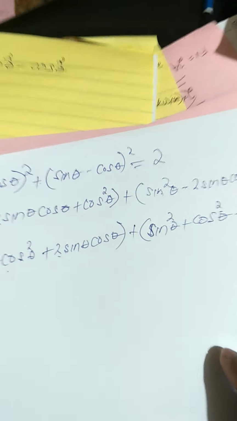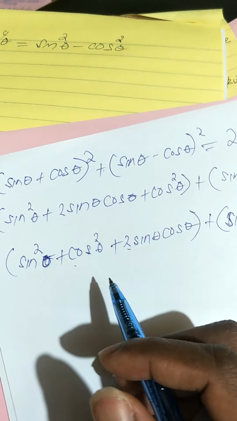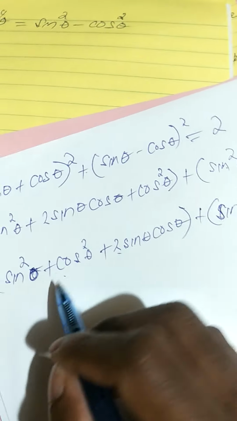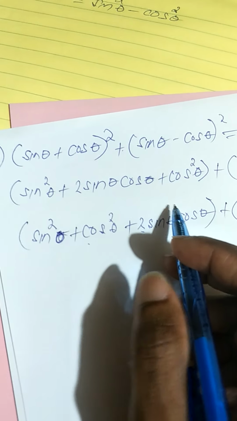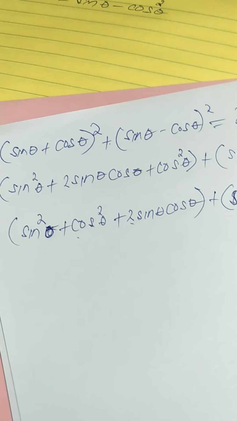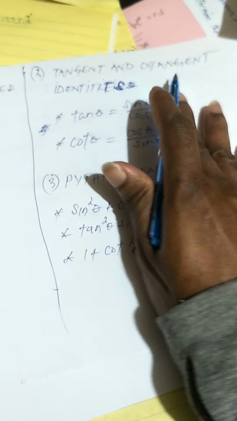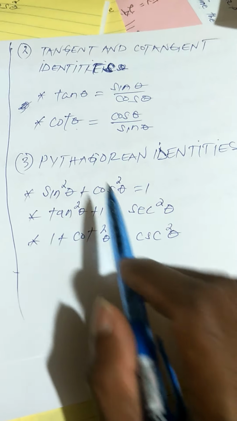Okay guys, another thing I'm going to explain here again. What is the relationship that I'm going to use here? Let's refer back to our identities. Is it reciprocal? No. Tangent and cotangent? No. Pythagorean? Yes. Why?